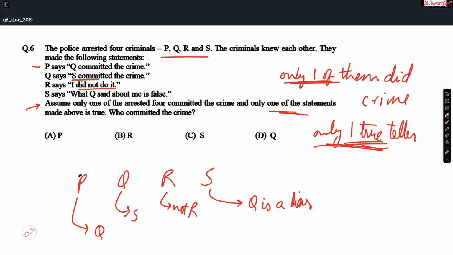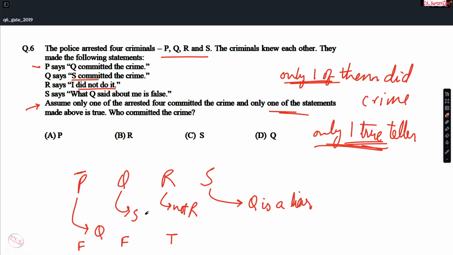So let's assume that P is the criminal, right? At that point, P is claiming that Q is the guy who did the crime. So this is false because P has been assumed as the criminal. Let's write F over here. Q is saying that S is the criminal. This is also false. R is saying that R is not the criminal. So this is true. S is saying that Q is a liar.